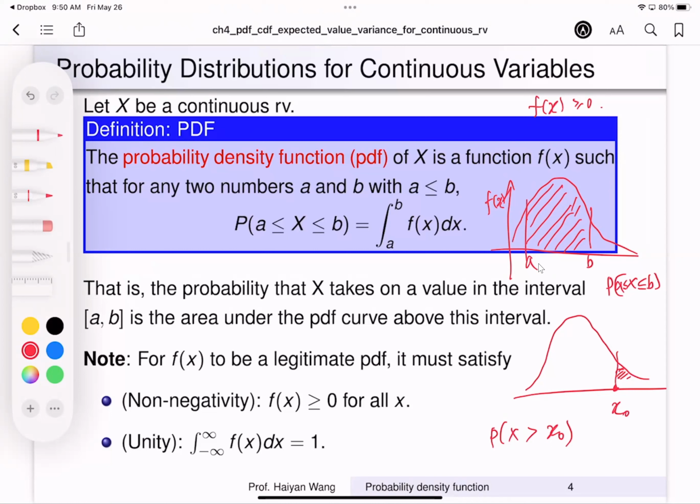So you integrate the density function from the smallest to the largest possible value, and we'll get 1. Note that here, in the notation, we put the negative infinity and positive infinity in the integration, but in real life, the variable's possible values may not need to go from negative infinity to positive infinity.